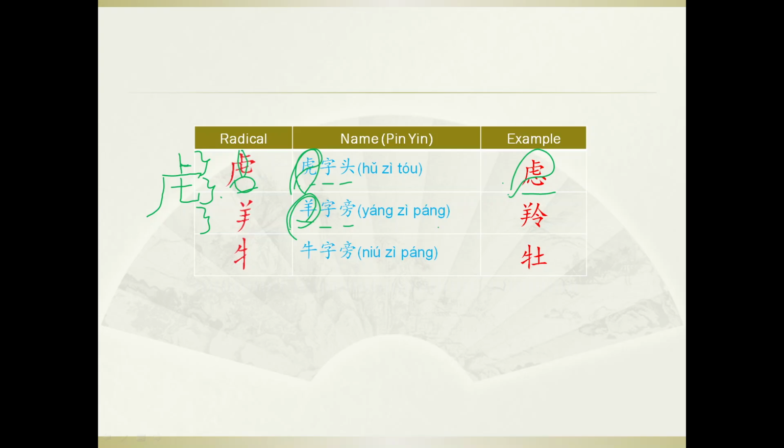We just make the last horizontal shorter and tilt a bit, and make the vertical a vertical diagonal so that the radical sits on the left side of a word. Let's write it.